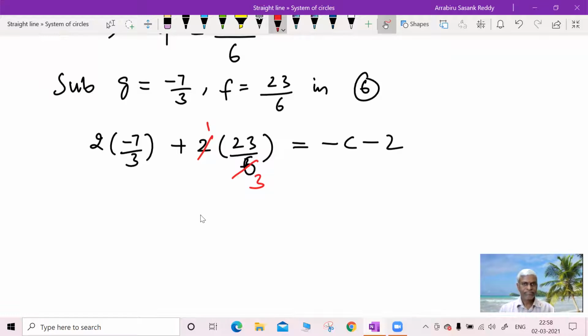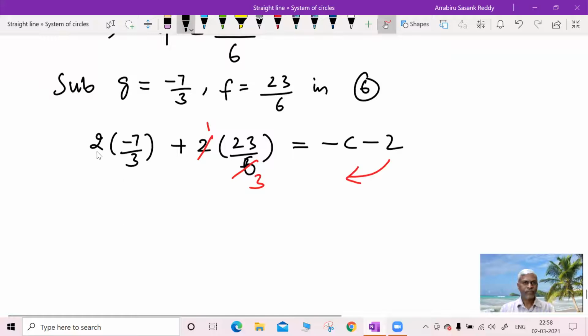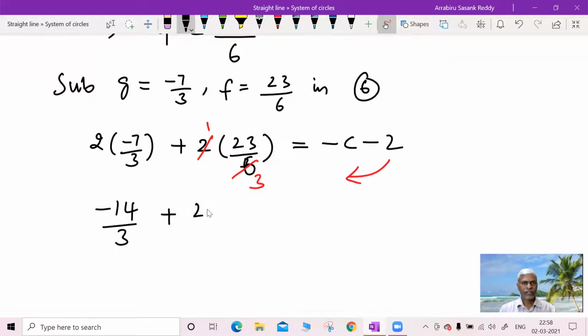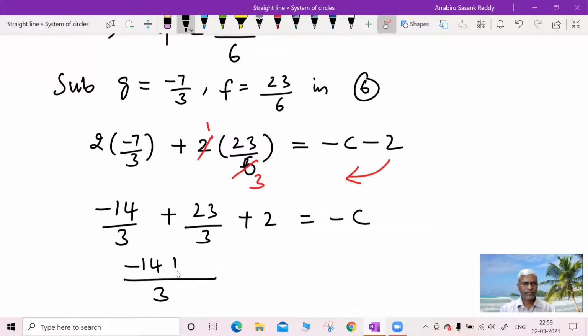Now bringing this side 2 into 7 is 23 by 3 plus 2 is equal to minus C, LCM 3 into 2 is 6. 23 by 6, 29 minus 14.